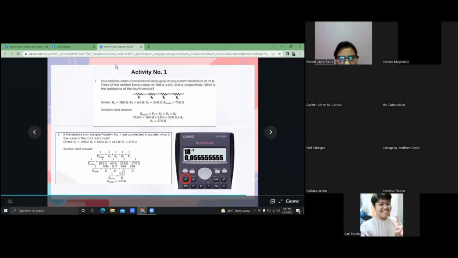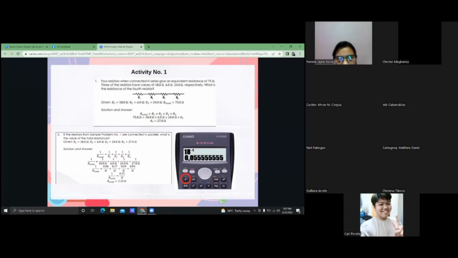For the activity number 1, 4 resistors, when connected in series, give an equivalent resistance of 75 ohm. 3 of the resistors have values of 18.0 ohm, 6.0 ohm, 24.0 ohm respectively. What is the resistance of the fourth resistor? Una, hanapin daw muna natin yung mga given. Ang given ay R sub 1 is equal to 18.0 ohm, R sub 2 is 6.0 ohm, R sub 3 is 24.0 ohm.